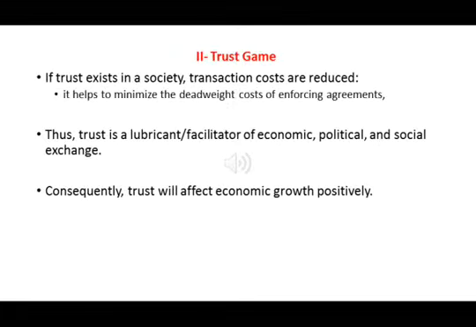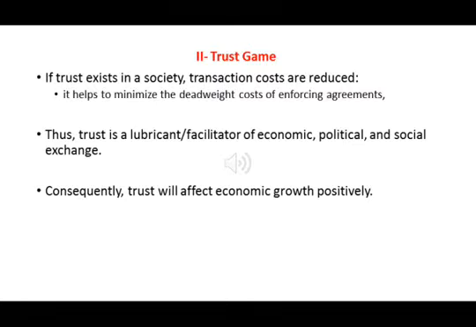So we saw in the previous slide how trust is a main ingredient in many of the interactions between individuals. So why is it important? Why is the existence of trust in any society important?